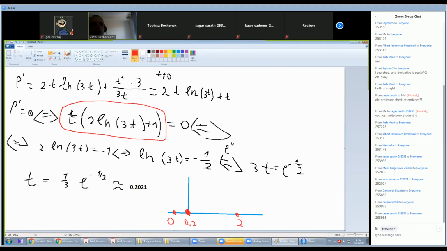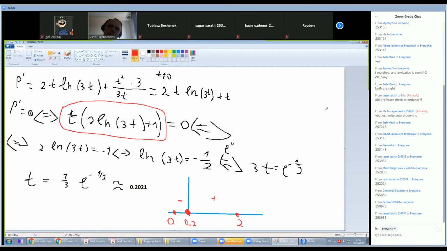Now the logarithm is increasing, and the expression in the parentheses is 0 for this value, and therefore it is less than 0 if we take a little bit less. So the derivative is negative here. And here it will be respectively positive, right? So here we can take t equals 1, let's say, and this is going to be positive. So the function is decreasing here, and increasing on this interval.